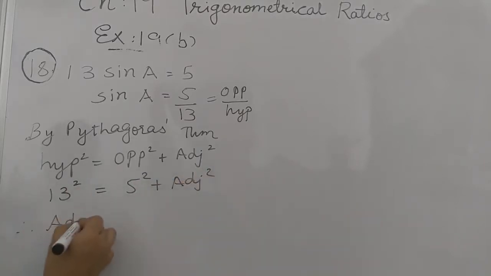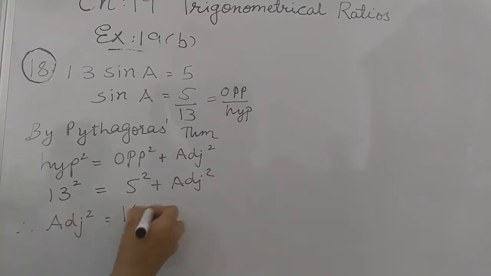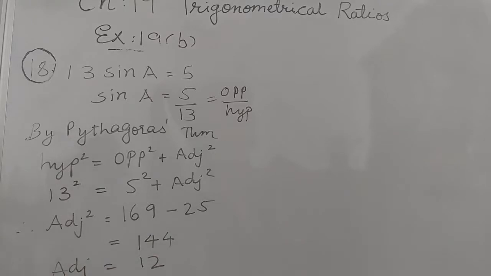Therefore, adjacent side square is equal to 13 square is 169 and taking this on other side 5 square is 25. So here it is 144. So taking square root on both the sides, adjacent side is equal to 12. So we get our adjacent side.